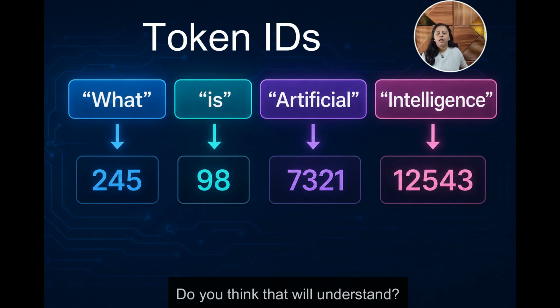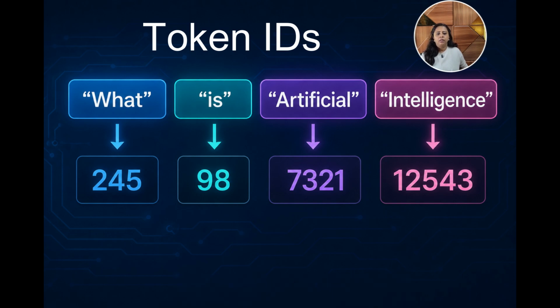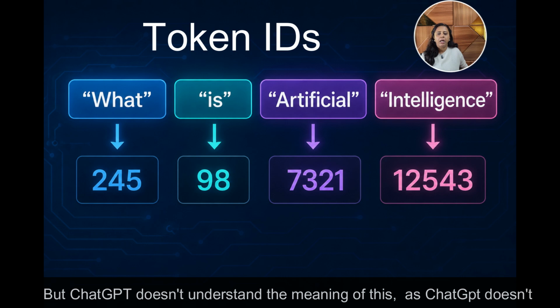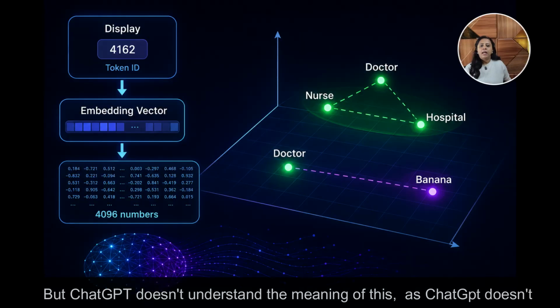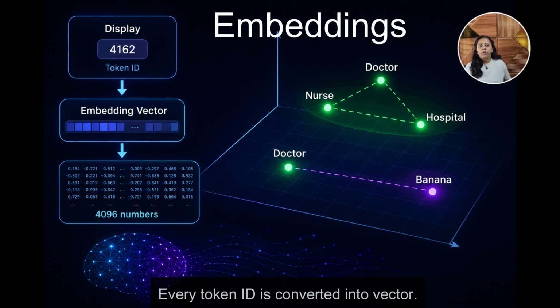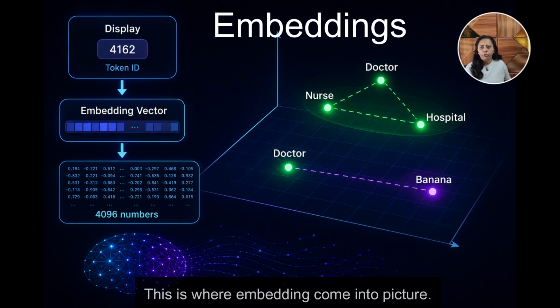Do you think that ChatGPT will understand? No. Right now, we just have a numerical representation of our query, but ChatGPT doesn't understand the meaning of this. As ChatGPT doesn't understand just the token IDs, every token ID is converted into a vector. This is where embedding comes into the picture.